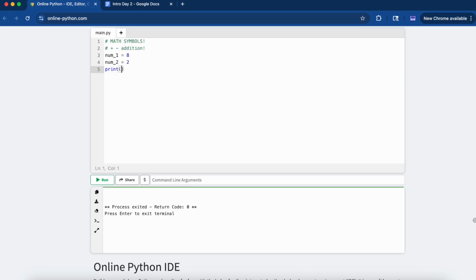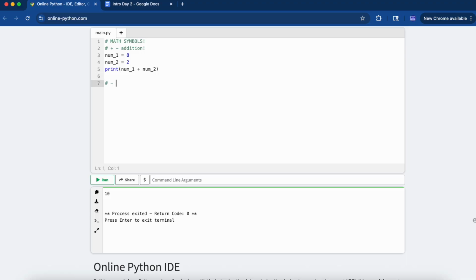Now, if we wanted to print num1 plus num2, 8 plus 2, we can just print num1 plus num2, run it, and we get 10, which is 8 plus 2. So that's how you do addition.